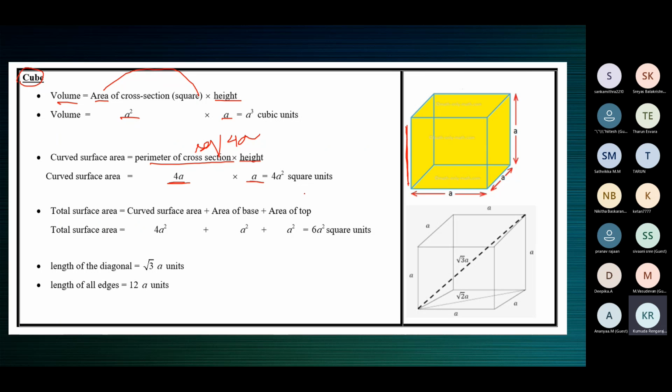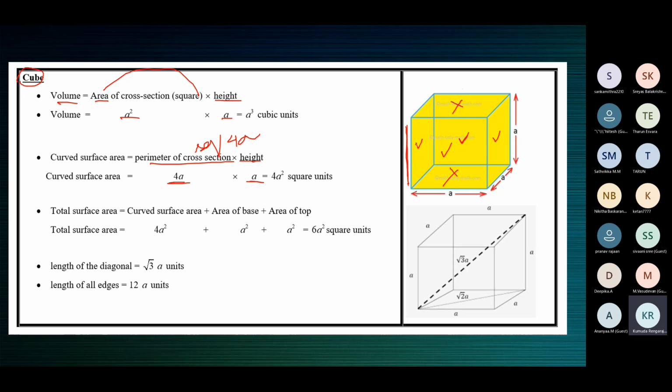So when we say curved surface area, that means it's not including the top and bottom. Curved surface area is 1, 2, 3 and the front one.